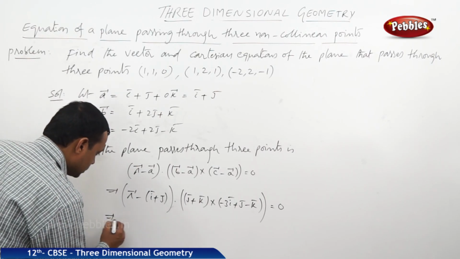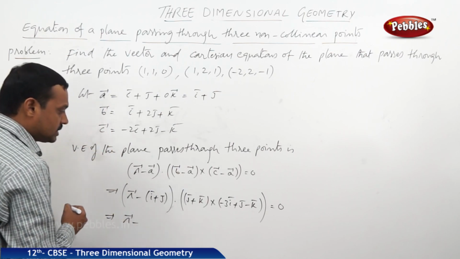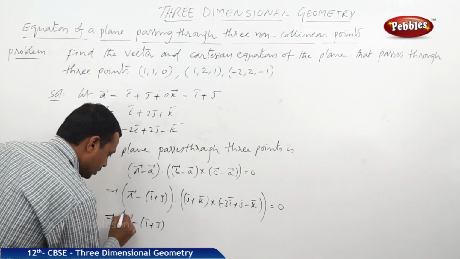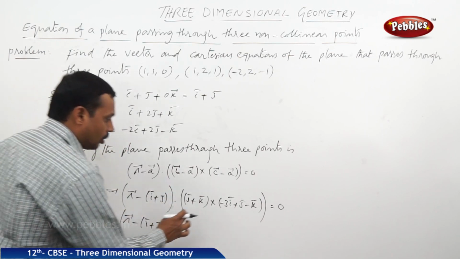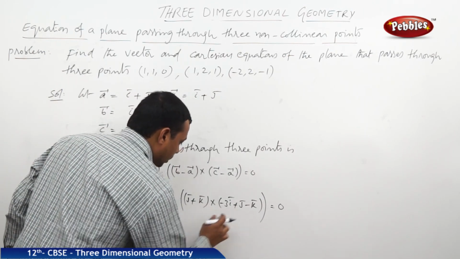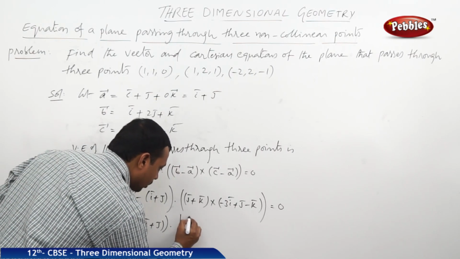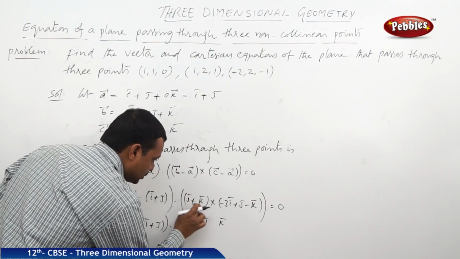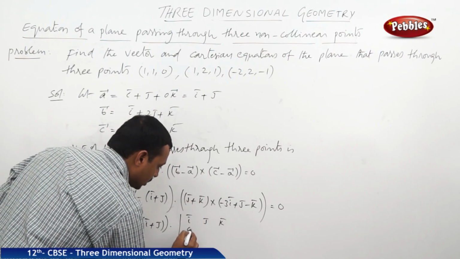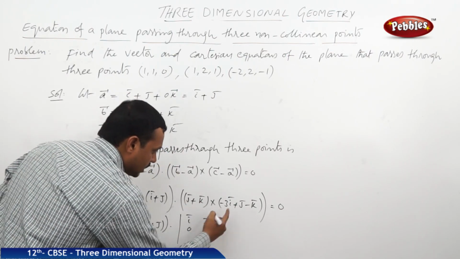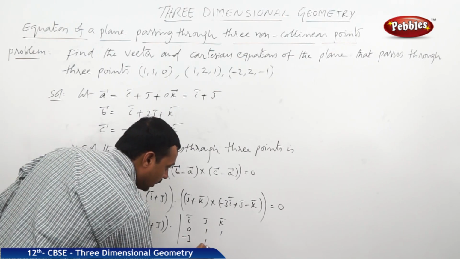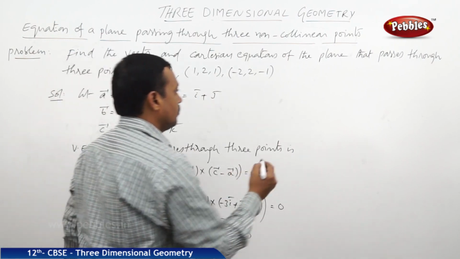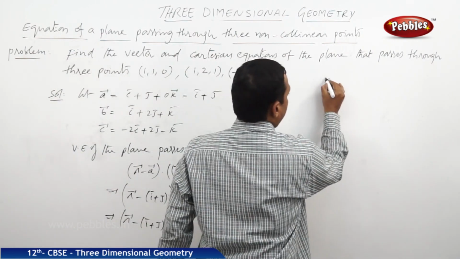You know, this is R minus (i plus j) dot. Now, let us find the cross product of these two vectors, that is the determinant of i, j, k. It is j plus k, so the components are 0, 1, 1, minus 3, 1, minus 1. Now, let us simplify this.